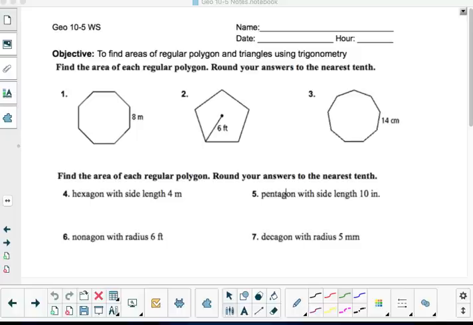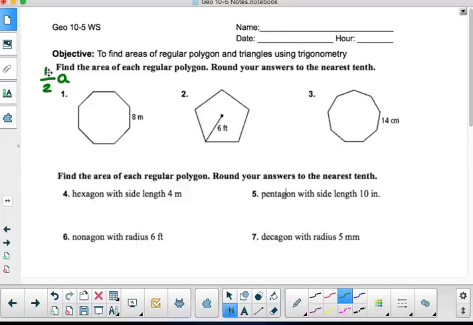Now, whenever you have a polygon, and really the most difficult problems on this page are 1 through 11, whenever we have a polygon, we will use 1/2 ASN. Because really the area of a polygon is the area of the triangles that make it up.